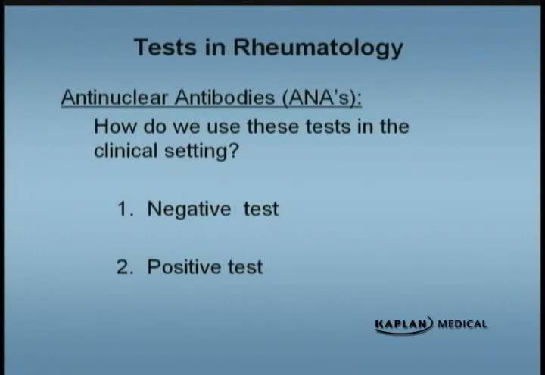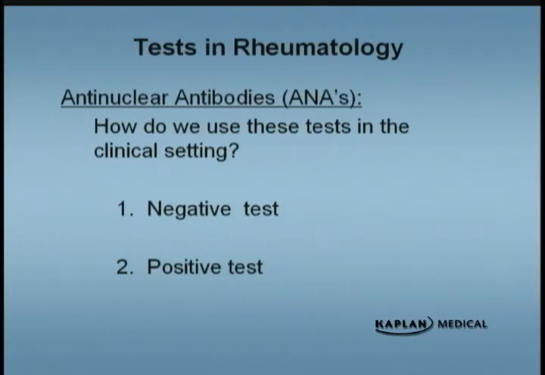So to summarize this thing about the anti-nuclear antibodies, how do we use these tests in the clinical setting? So take a patient that I'm thinking about lupus, right? And they tell me the test for anti-nuclear antibodies is negative, right? Here it is. I'm thinking some young woman comes in with these joint complaints and some other stuff that she's got, and all of a sudden I get the anti-nuclear antibody test is negative.